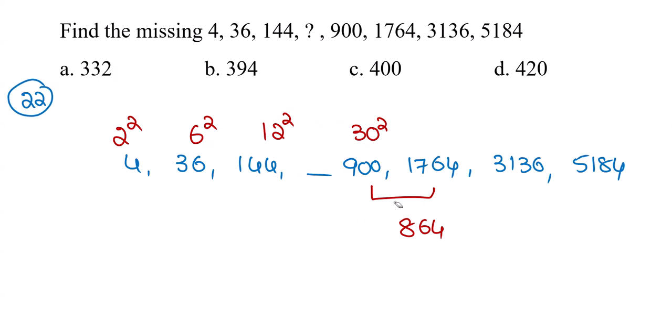So I think we can map the answer directly. Perfect squares, all these here. Is it so? 42 square this is. All squares, perfect squares.